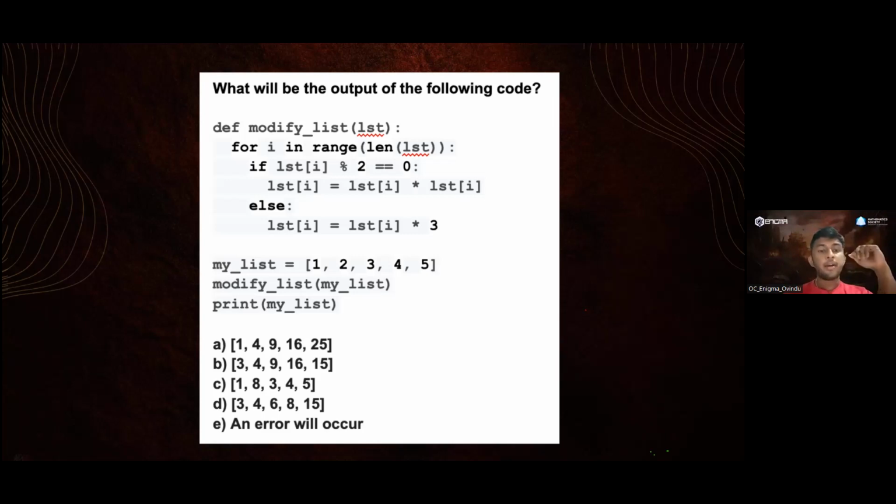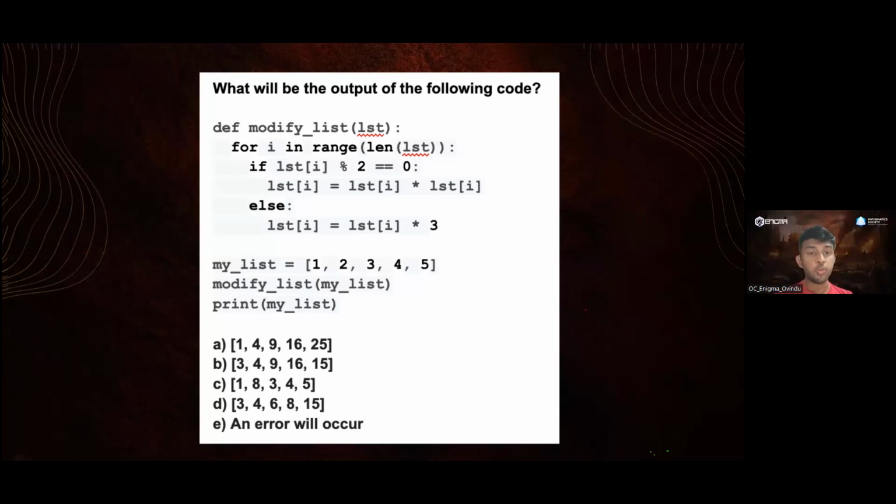What this first for loop does is iterate through numbers in the length of the list. The length of the list would be 5, so it will iterate from 0 to 4: 0, 1, 2, 3, 4.